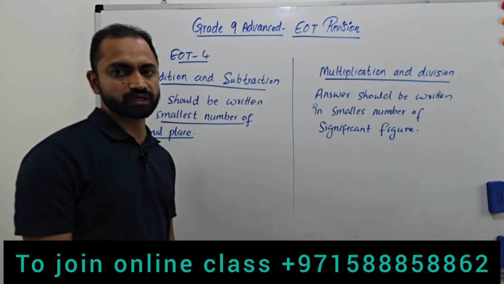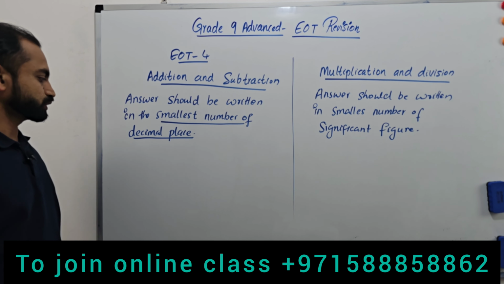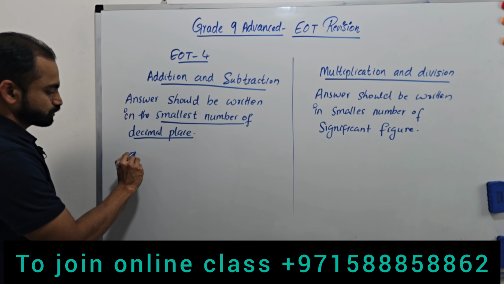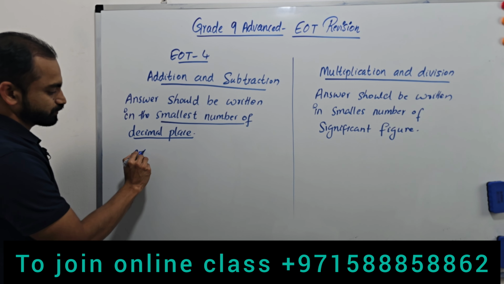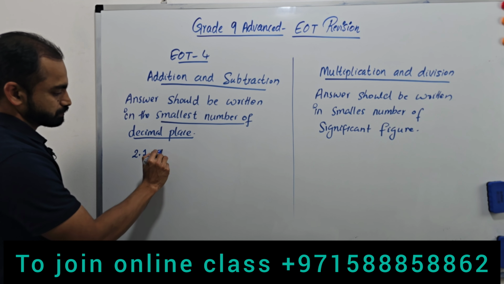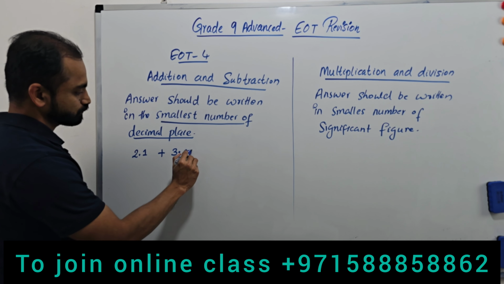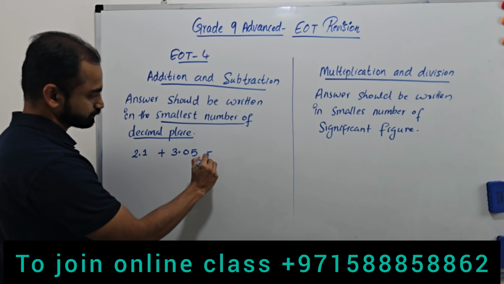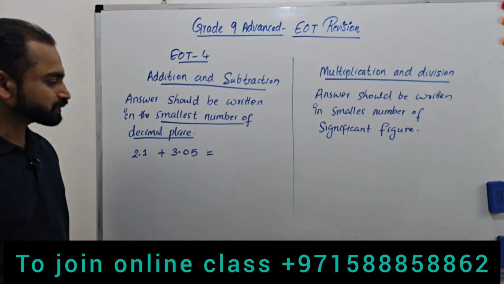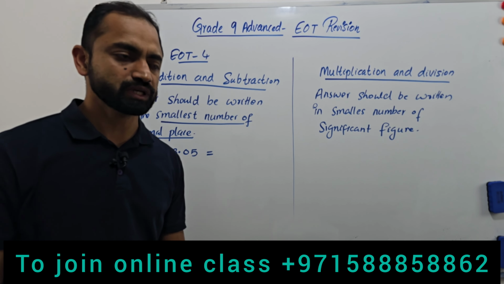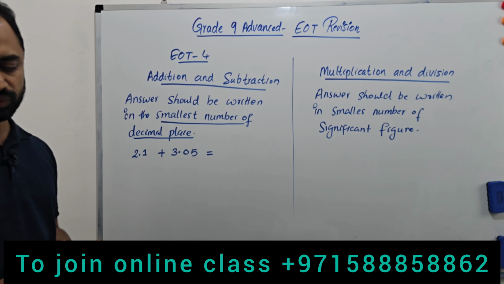For example, you are adding two numbers, 2.1 plus 3.05. How to add this?